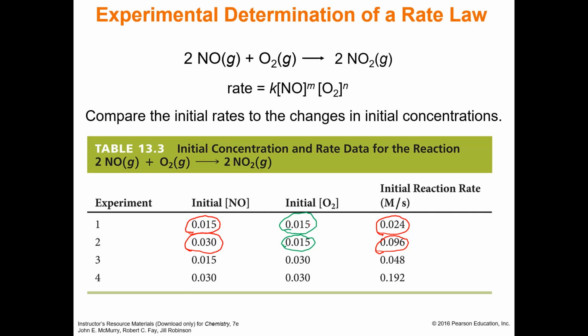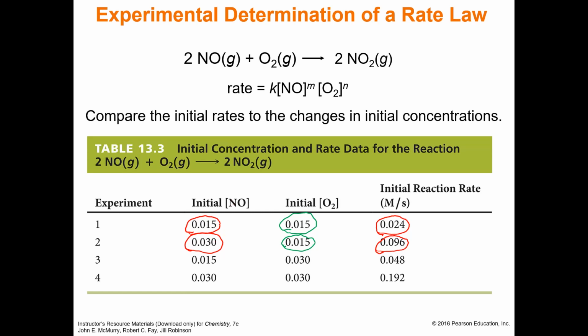We have to keep one of the reactants the same. You can't change both reactants at the same time. What you want to see is if you keep one of the reactants the same and double or triple or quadruple the other, we can do any of those, what is the effect on the reaction rate? For keeping O2 the same, which we are in the first two experiments, the concentration of NO doubles.